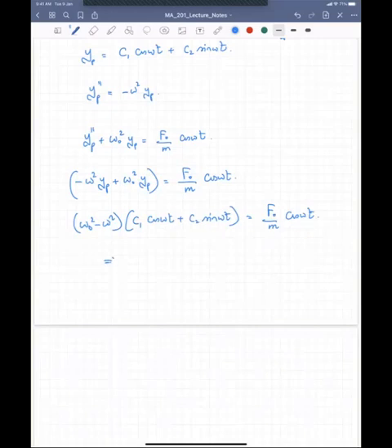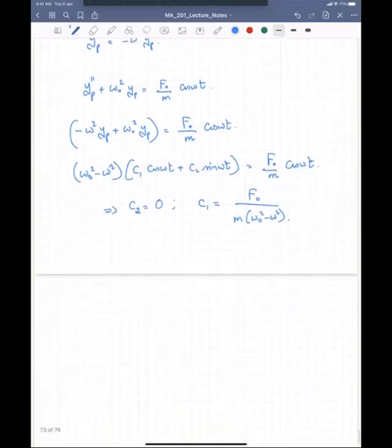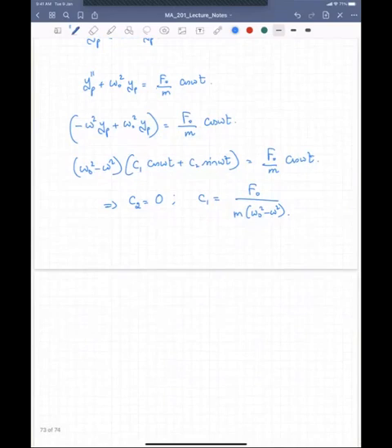Okay, so this tells us that C2 is obviously 0 because there is no sine on the right hand side. And C1, if I equate the coefficients of cosine omega t, I get f0 over m times omega 0 square minus omega square. Okay. So this is how the method of undetermined coefficients fixes my particular solution.